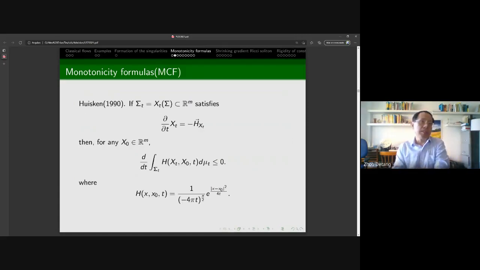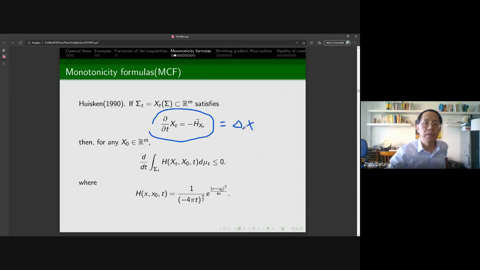I think this motivated Huisken to obtain another monotonicity for mean curvature flow. Look at this one, the mean curvature flow. You can write this as Laplacian of x, which is similar to the heat flow.